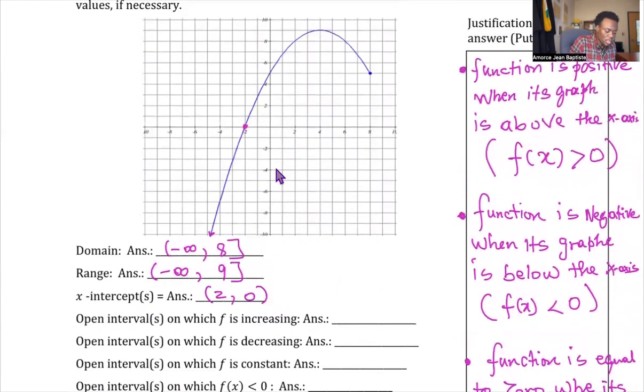Increasing interval. Now, when you look for the increasing interval, it's important to identify your turning point, because your turning point will determine the point at which it stops. It may start again, but it will stop at a turning point to do something else.